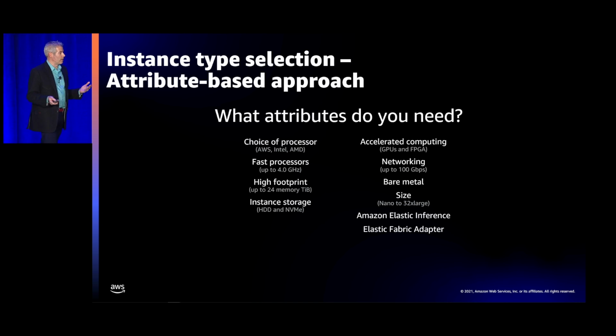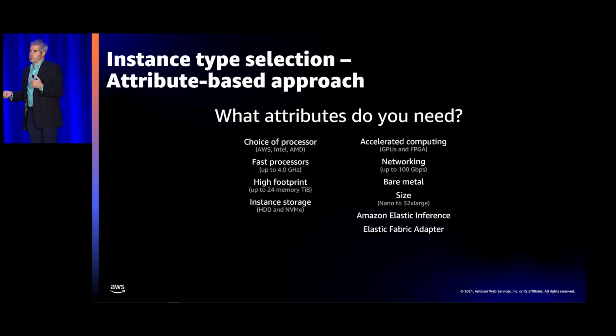And then what do I mean by that attribute approach? Here's what I see as the attributes you would choose. I've talked to you a lot about the processor selection. We have processors with, I say here, up to 4, I should have changed the slide, up to 4.5 gigahertz, which we've now announced is our highest speed processor. And you think about it, with our new generation, the AMD processors have up to 3.6 gigahertz, the Intel processors 3.5, and then having an offering of even up to 4.5 is pretty significant.